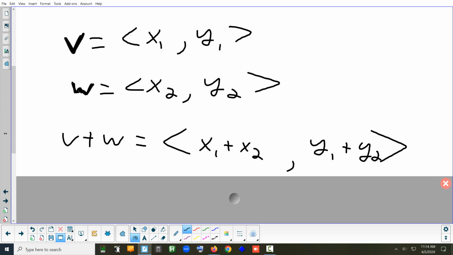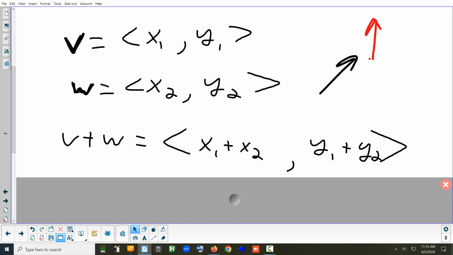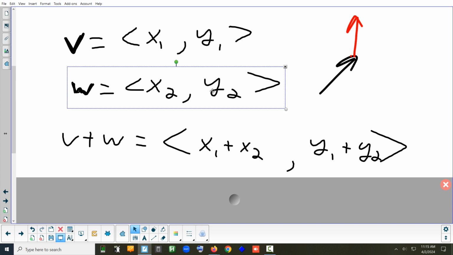All right, let's start with adding. If you have two vectors and you want to add them together, the old way of doing it, if you had one like this and then one like that, was to take the red one, put it on the end of the black one, and then draw the diagonal. Well, if you don't want to draw it, all you have to do is take the two horizontal components, add them up, take the two vertical components, add them up, and that's your answer.